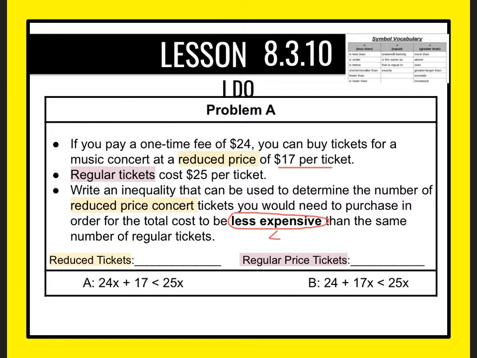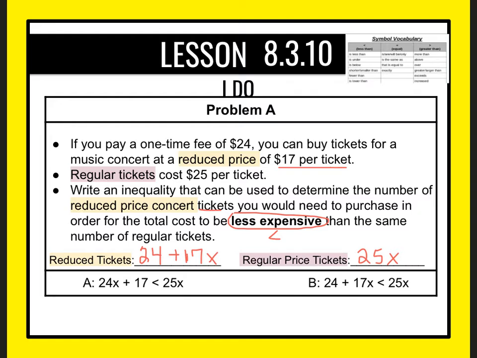And let's go look at the expression for reduced price tickets. Well, the only way I can get a reduced price ticket is if I pay $24 up front and $17 per ticket. So I'm looking at those concert tickets, okay? And regular tickets I know cost me $25 per ticket, no one-time fee.